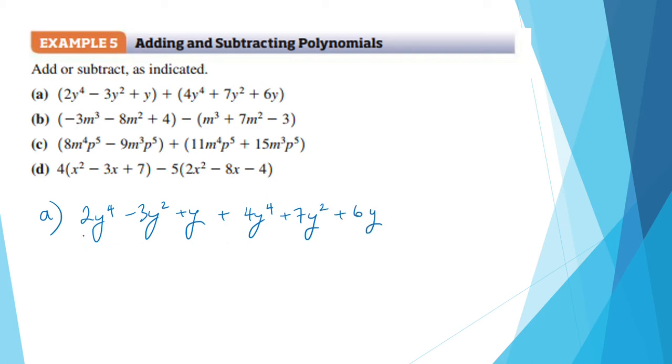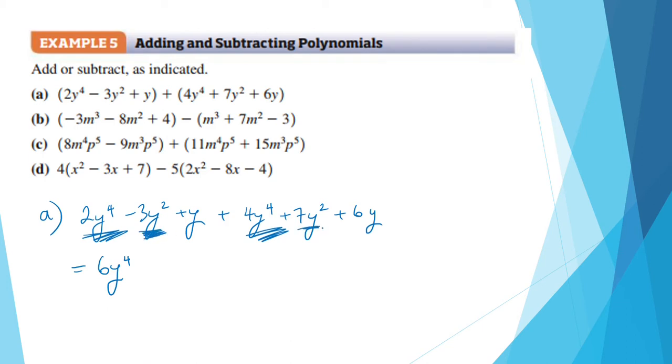Now I'm looking for like terms. I have a power of 4 and a power of 4 here. So this gives us 2 plus 4, which is 6y to the 4th. We do not change the exponent because we're adding. We only change it if we're multiplying or dividing.